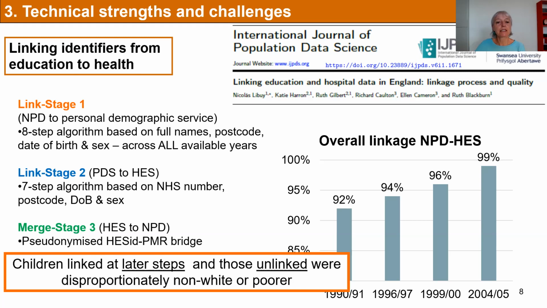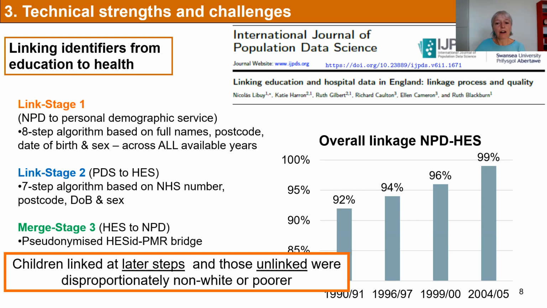You can see that linkage improved in more recent years, which probably reflects improvements in data quality and the fact that after 1997, children were actually born in the NHS, so their birth record was there. In 2004, many more children were linked from their birth records than in previous years, but even for those born before HES started, 92% linked to HES at some point.